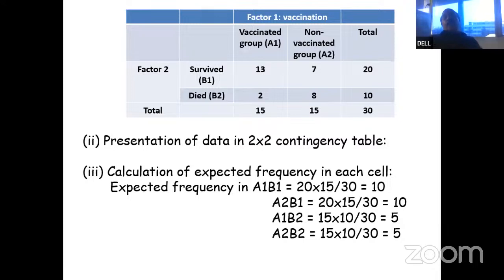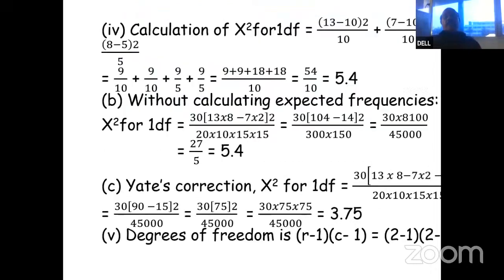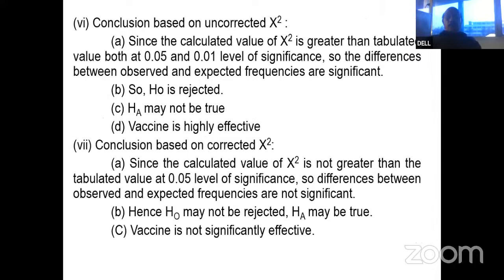If it is less than 5, that formula will not be valid, so you have to go for the correction, using another formula. That is the correction used. That formula is not presented.